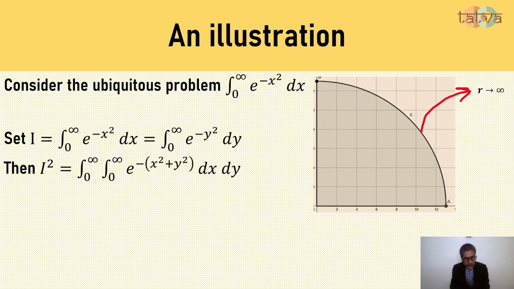Because we are trying to use the polar philosophy, therefore I will visualize the entire first quadrant to be a big circle in the first quadrant. When I say big, I mean the radius of that circle is infinity. So 0 to infinity of x and y means the entire first quadrant being visualized as a big quadrant of a circle of radius infinity.